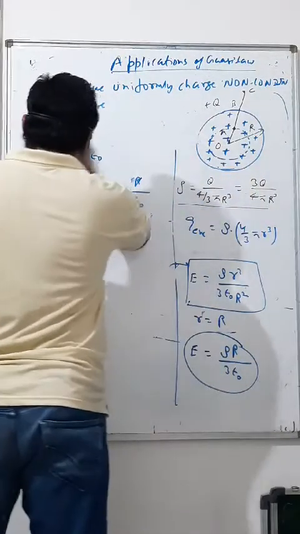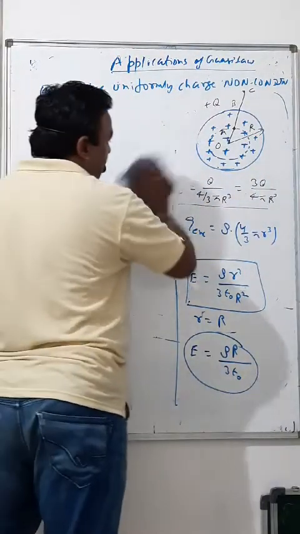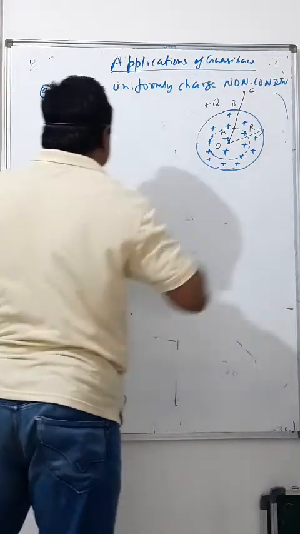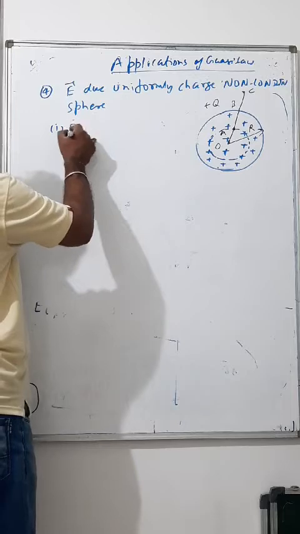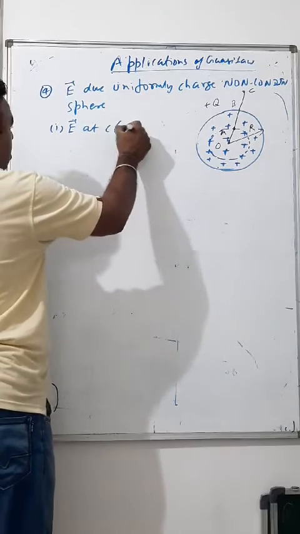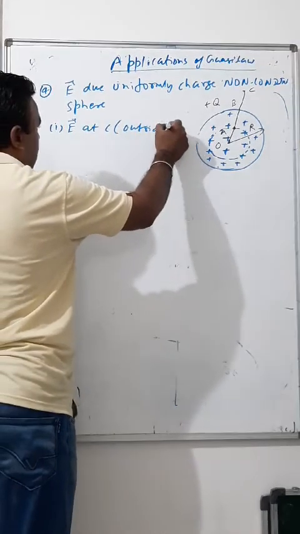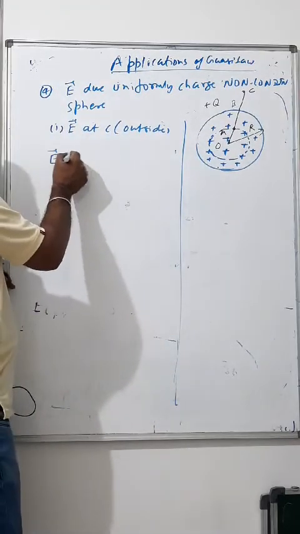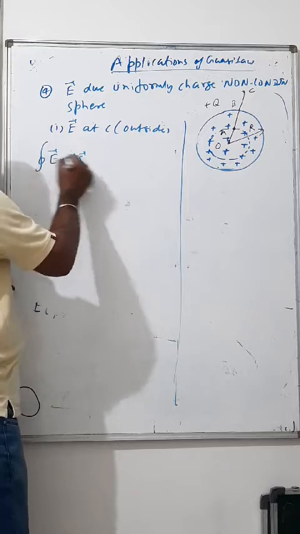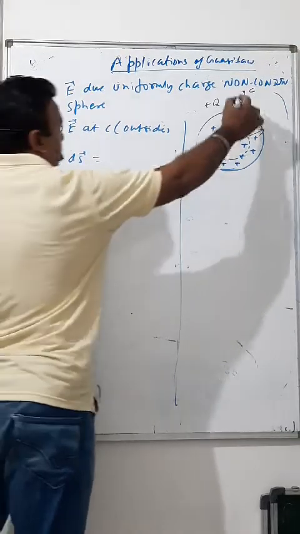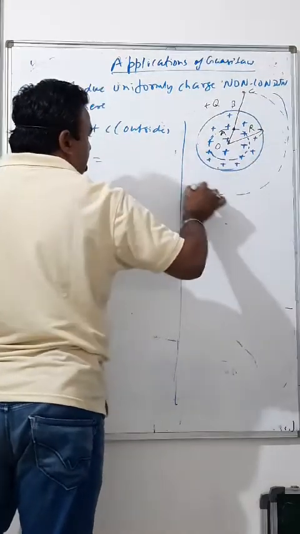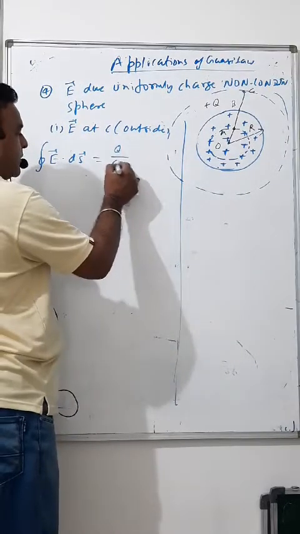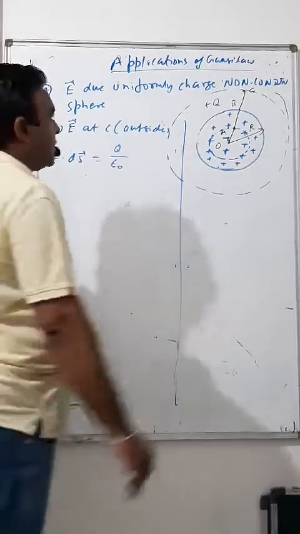Now we turn to the last point, the point outside, point C. E at C, outside. E dot ds equals Q enclosed, if I take the Gaussian surface in this way, then Q enclosed is the total charge, upon epsilon naught.